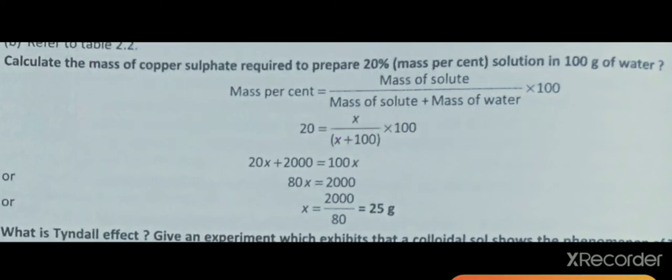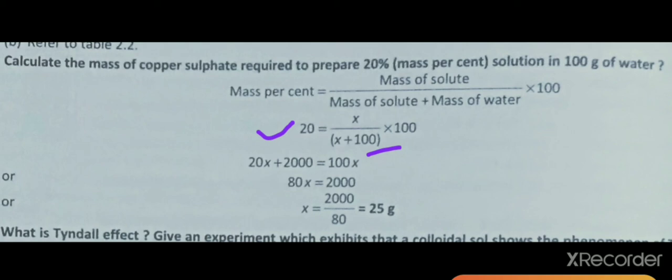And students, as we know the formula of mass percent, mass percent is equal to mass of solute upon mass of solution, that is mass of solute plus mass of water, into 100. Putting the values, as we know that mass percent is 20% and mass of water is 100, keeping mass of solute as x, 20 equals x upon x plus 100 into 100.